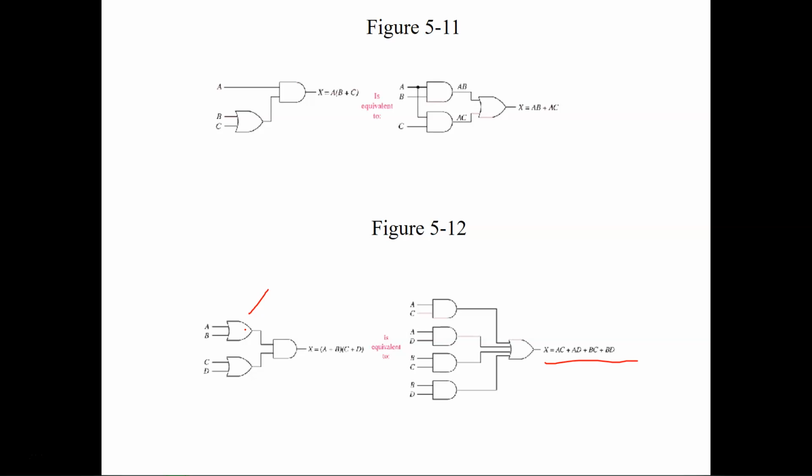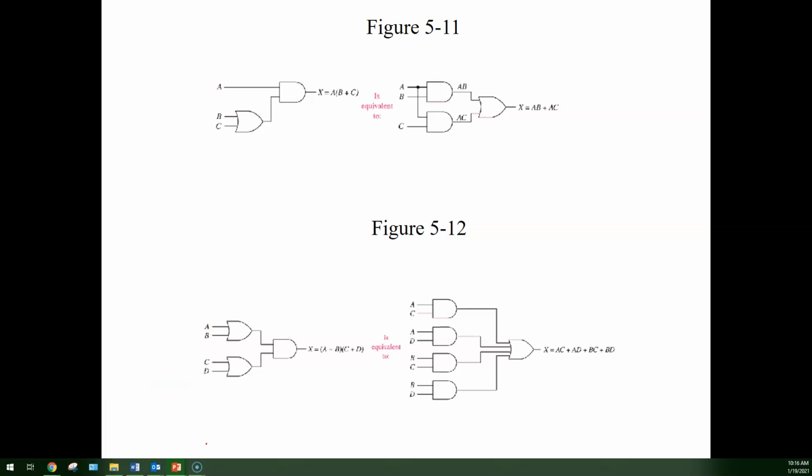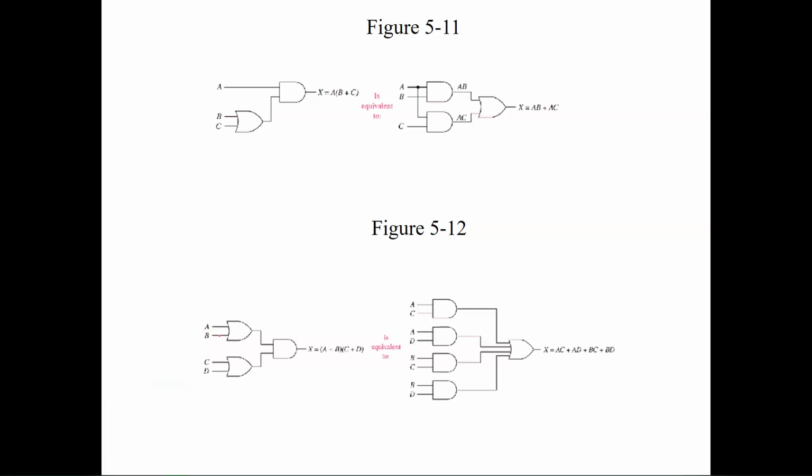So A can be paired. The way they're looking at this is that A, this guy right here, will eventually end up paired with either one of these, right? And then you see that B can be paired with either one of those.